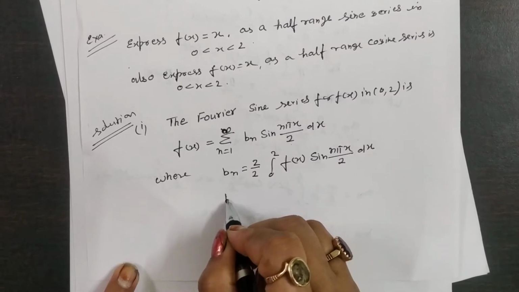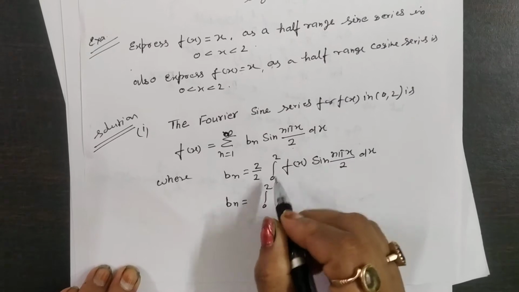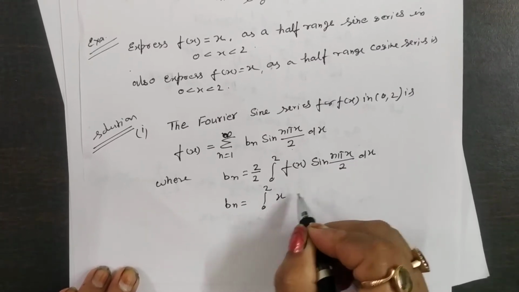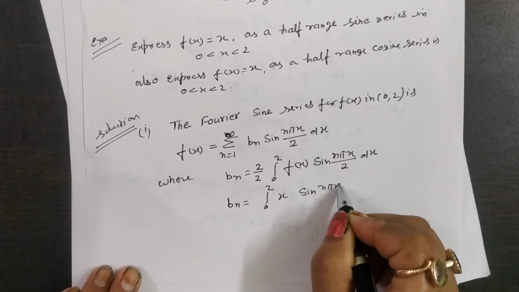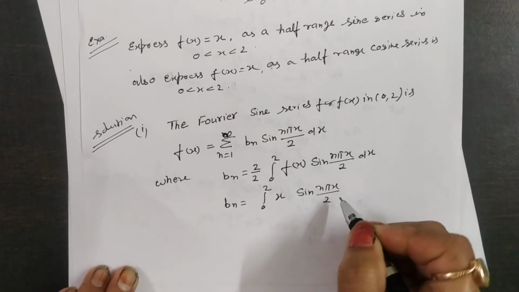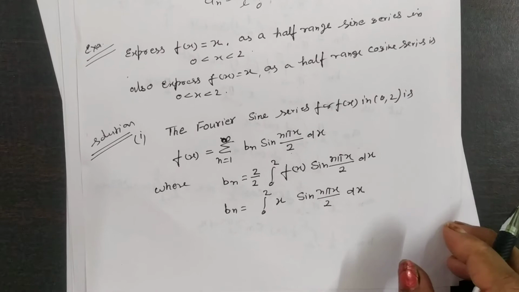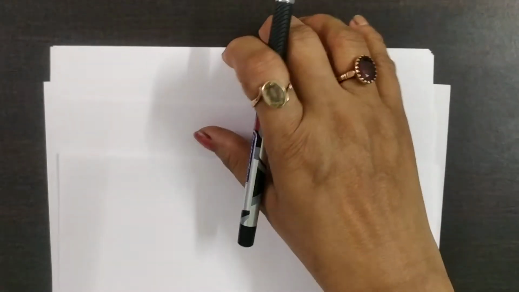So bn is equal to integral 0 to 2 of x sine n pi x by 2 dx, and you can evaluate this integral.